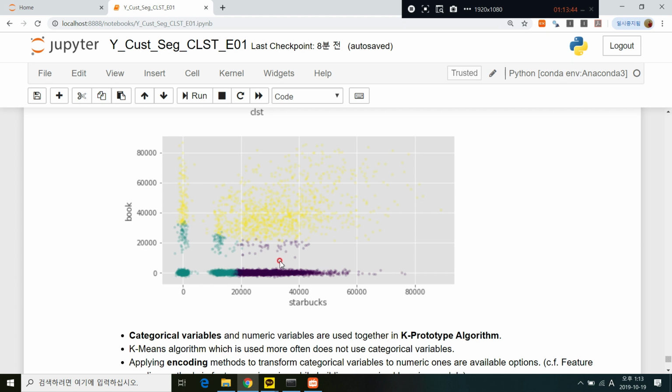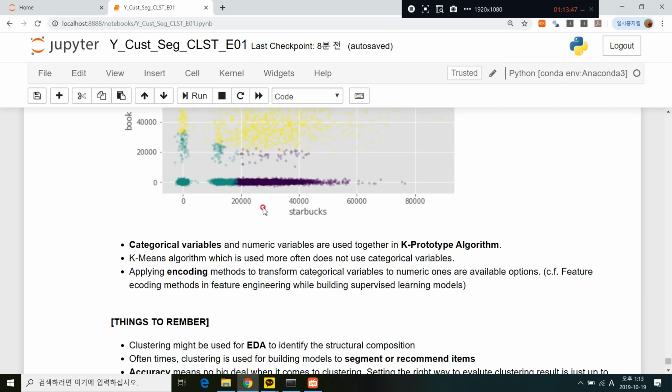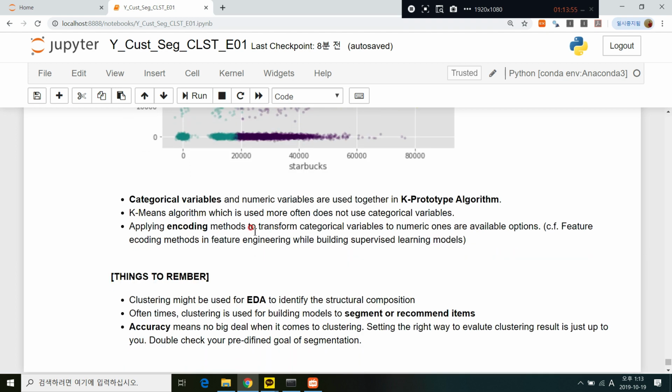Anyway, I was a little bit quick about K-prototype and relatively quick about clustering using the K-means algorithm. But wrapping up, categorical variables and numeric variables are both used together in the K-prototype algorithm. This algorithm has an advantage compared to the K-means algorithm, which is used quite often, and that does not handle categorical variables.